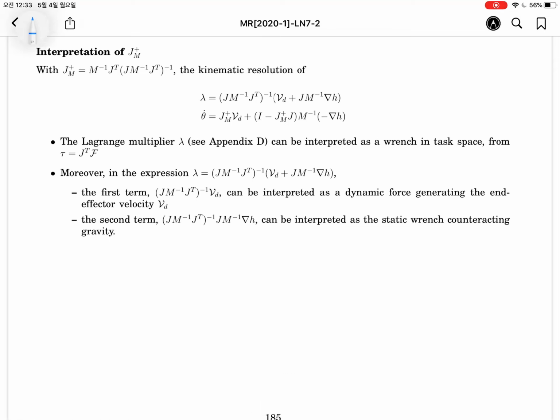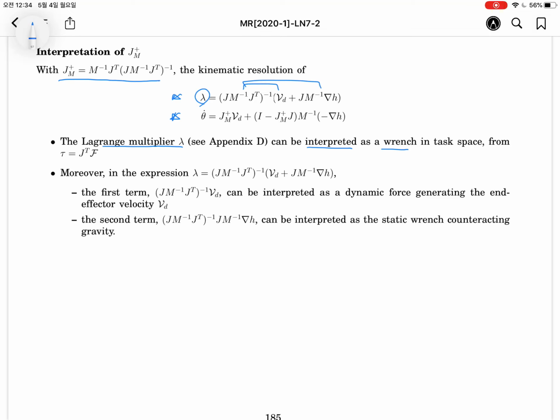Okay, let's interpret the inertial-weighted inverse. As mentioned before, the inertial-weighted inverse has this form. Here is the Lagrange multiplier, and theta dot is given like this from the previous slide. Actually the Lagrange multiplier can be interpreted as a force in the task space. So this is similar to a force.